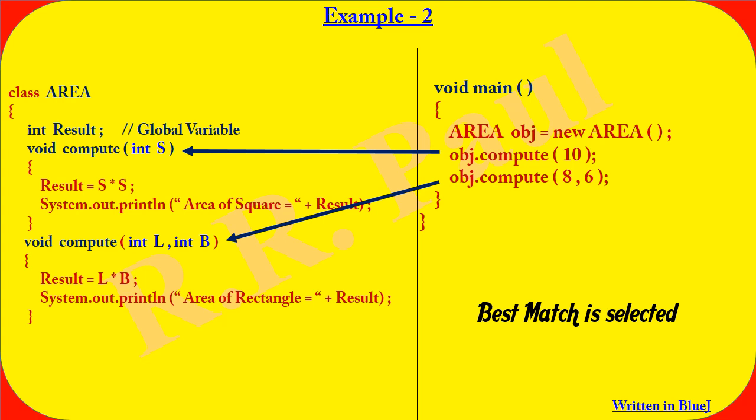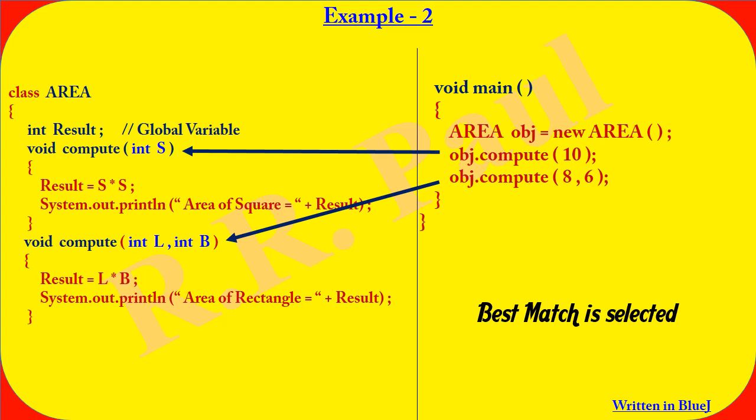And when the compute function with 8, 6 as two parameters is called, then the compute function with int l, int b gets activated. The best match is selected by Java itself. One parameter, so the function with one parameter gets invoked, and when we pass two parameters of proper data type, then another function of the same data types gets activated.